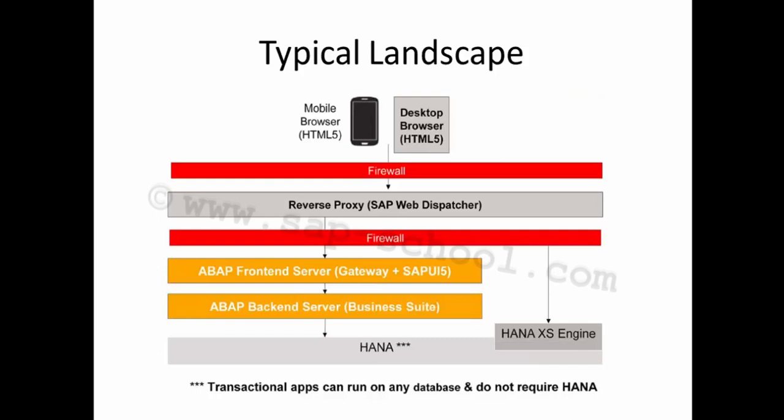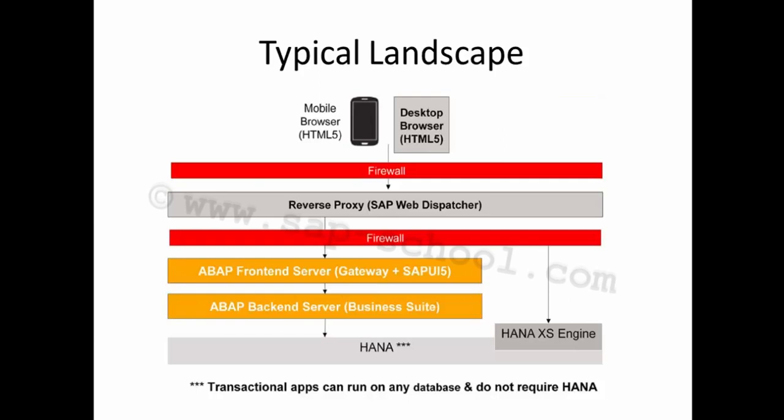So we have discussed the different components in the high level overview of the SAP Fiori landscape. Basically we discussed the reverse proxy server, which is the entry point for the HTTP request, rejects or accepts the request and decides which server to send the accepted request to.